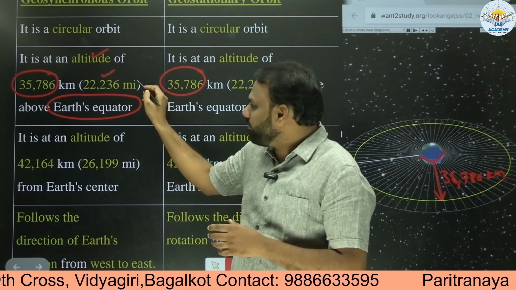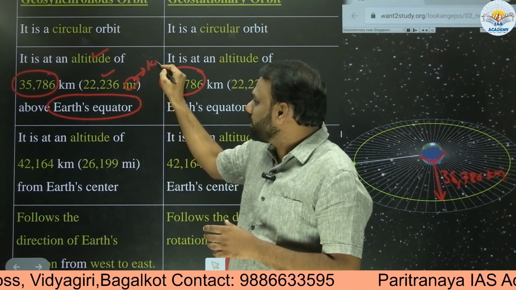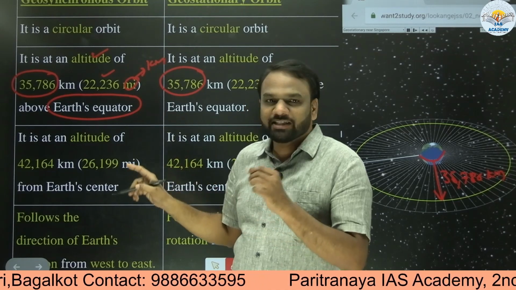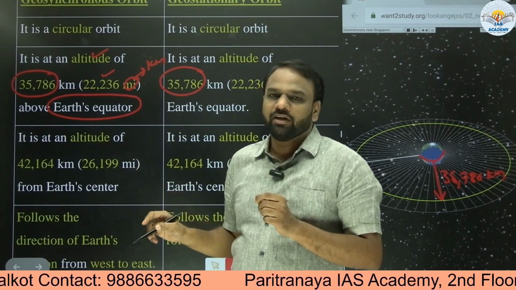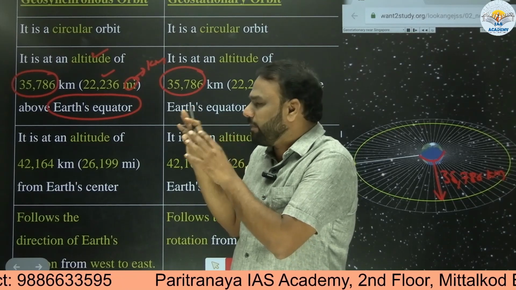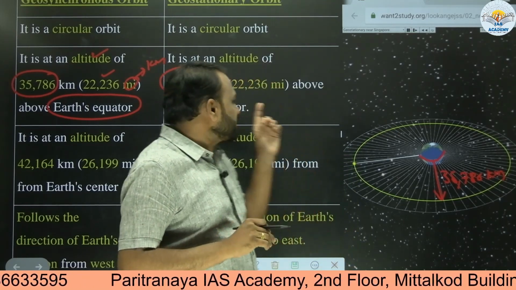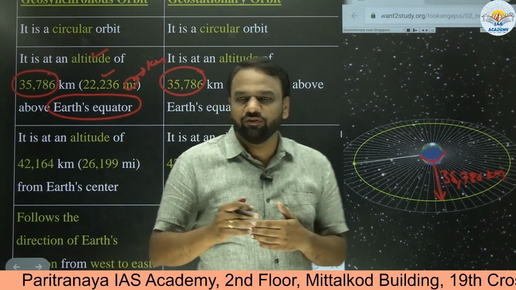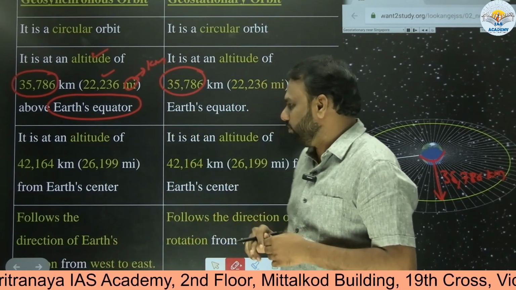Instead of miles, they will make the statement in kilometer. We should be able to identify that 22,236 is not kilometer, it is miles. In order to overcome such confusions, this information has to be retained perfectly. Again, it is the same for both the geosynchronous orbit as well as the geostationary orbit. They are at a height of 35,786 kilometer.